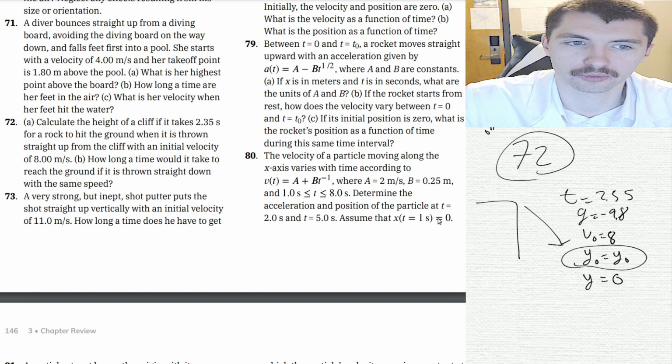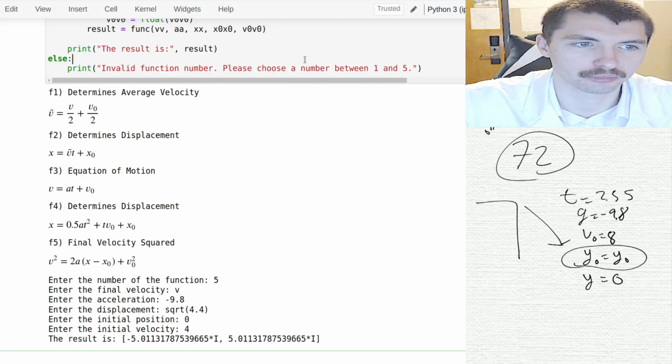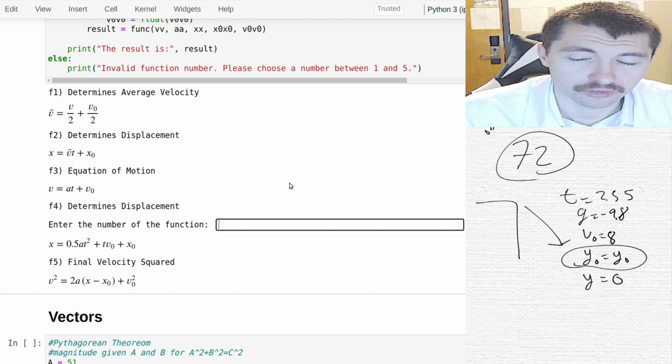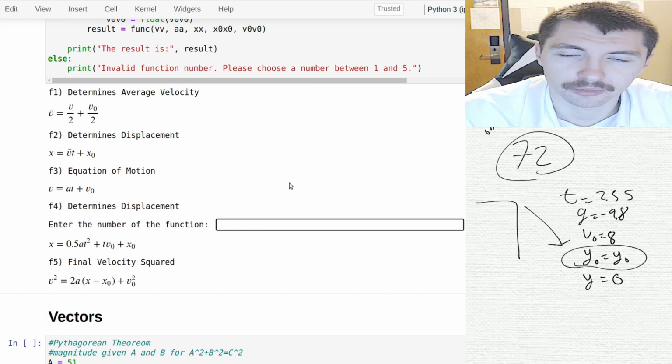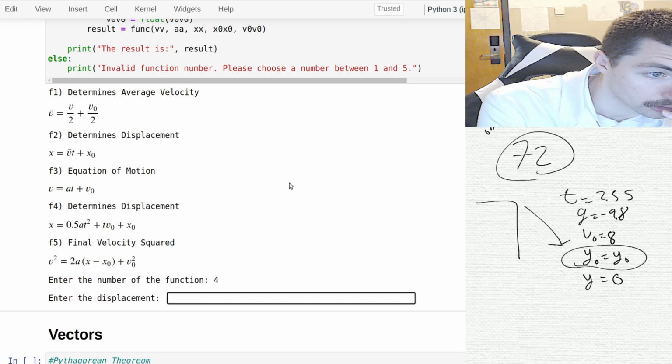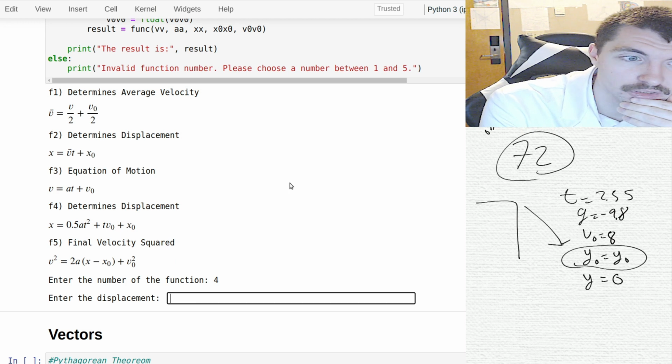So I think we're going to double something in a minute, but all right, fine. What function do we want to use? We know t, so probably x, probably 4.